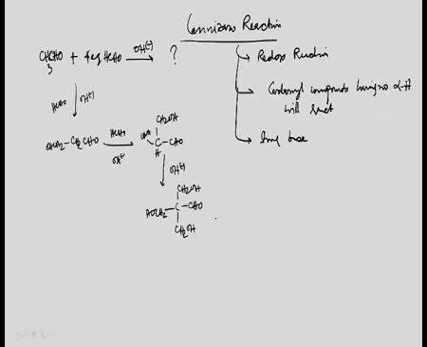Now if you see this one here, there is no alpha hydrogen, this is a quaternary center, and now the Cannizzaro reaction will happen.